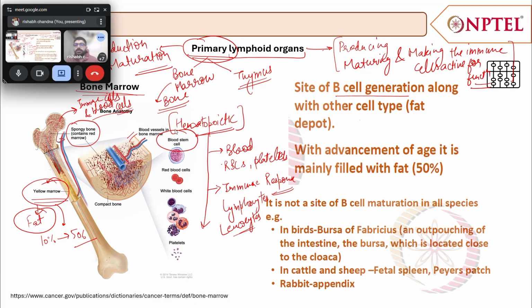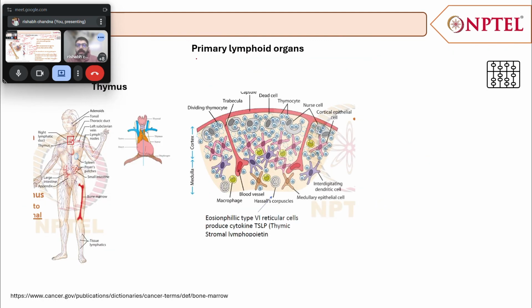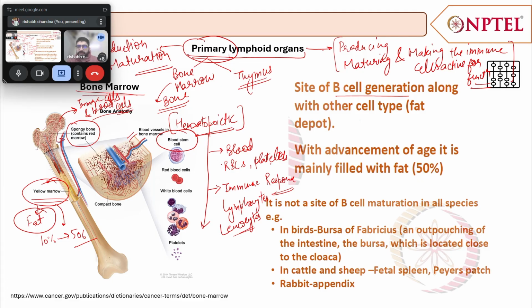This is the case with humans, in which bone marrow helps in maturation and production of the B cells. But in other organisms, bone marrow is not the primary site for B cell generation. For example, in birds, it's the bursa of Fabricius, a pouch of the intestine located close to the cloaca that helps in B cell maturation in chickens and all birds.